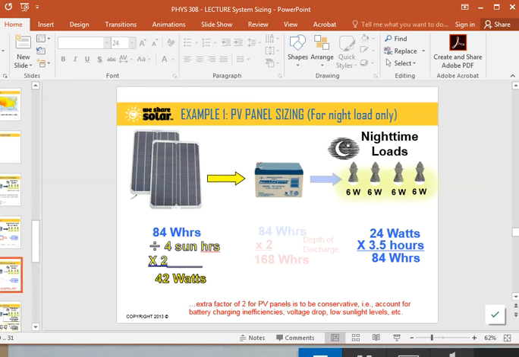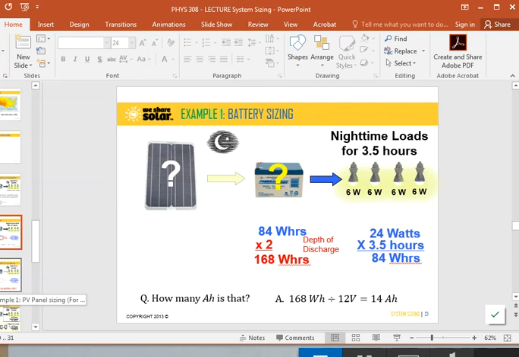Okay, now we think about the actual solar panels here.